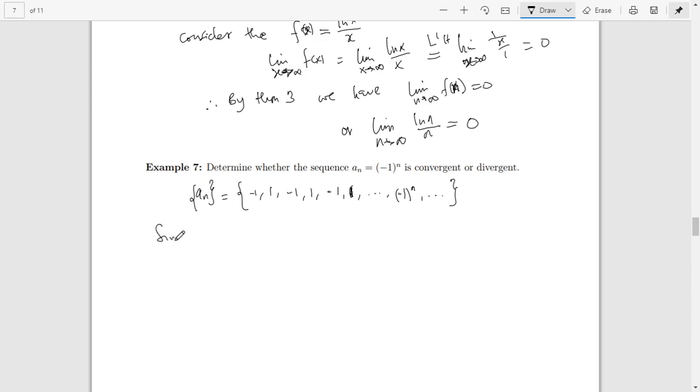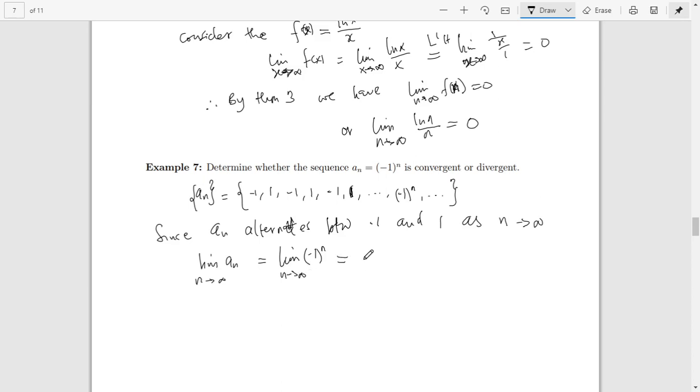Since a sub n alternates between -1 and 1 as n tends towards infinity, the limit of a sub n as n goes to infinity, which is equal to the limit of -1 to the power of n as n tends towards infinity, does not exist.